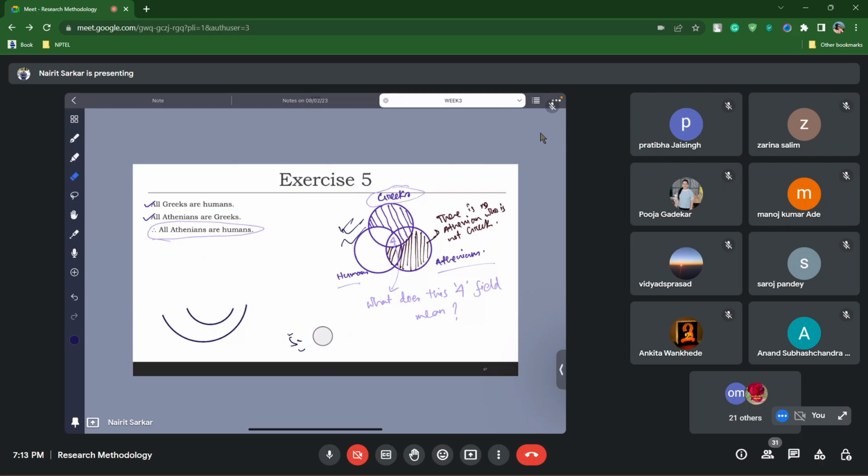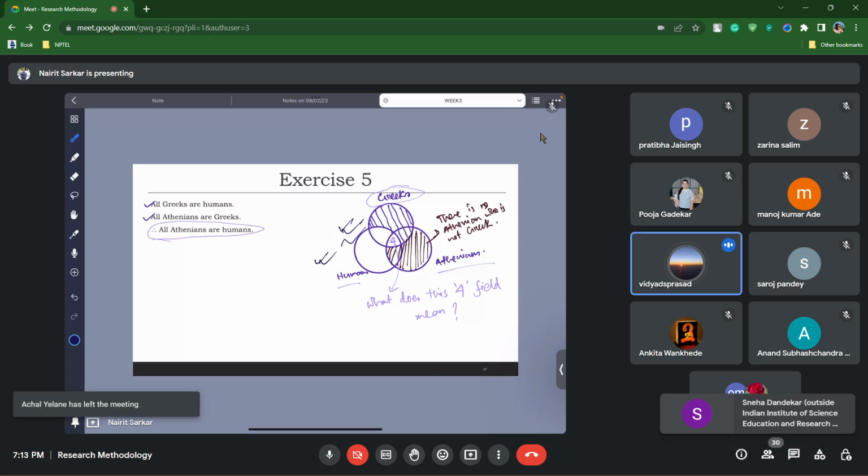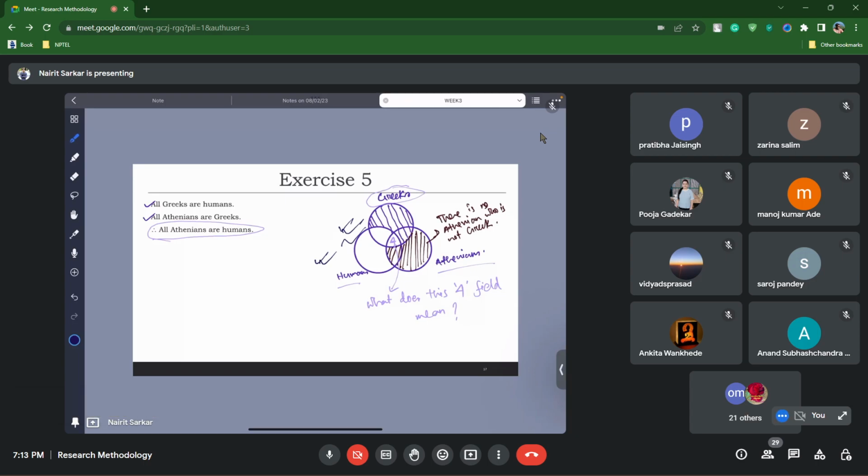You can also use that one, but I will only explain this overlapping Venn diagram, because using this you can solve any syllogism. Okay, sir. I think it is easier if you can just visualize what is happening. You will be able to solve any question within 1 minute for sure.